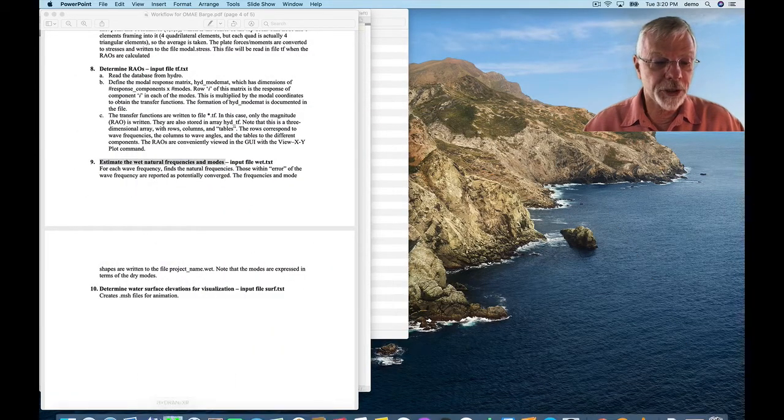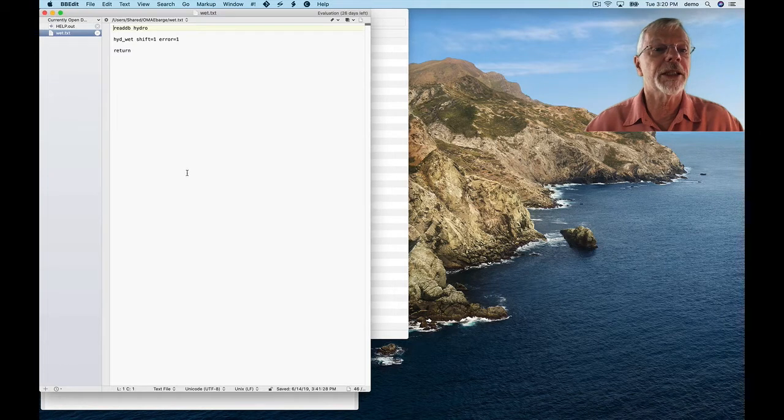To say the least. Come to BBEdit here, and this is it. First, we have to read the database that contains the stiffnesses and the hydrodynamic coefficients, added mass and damping. And then we use the command hide wet, and we need to use a shift here. One doesn't really need to worry about this too much.